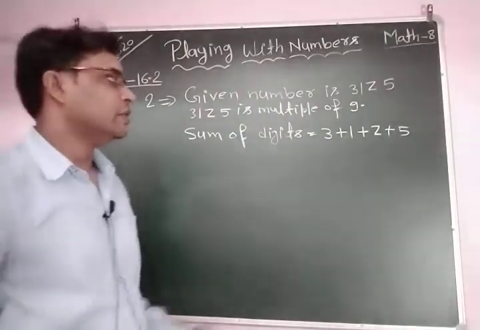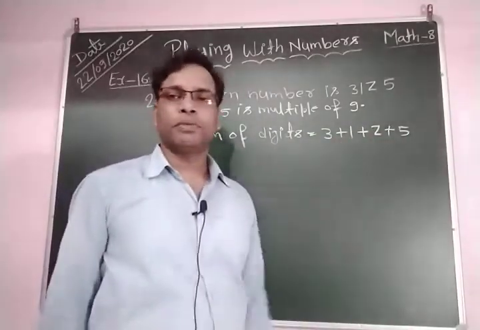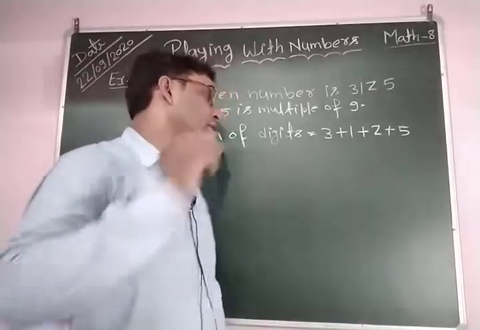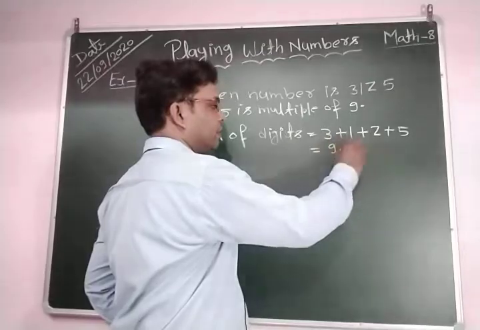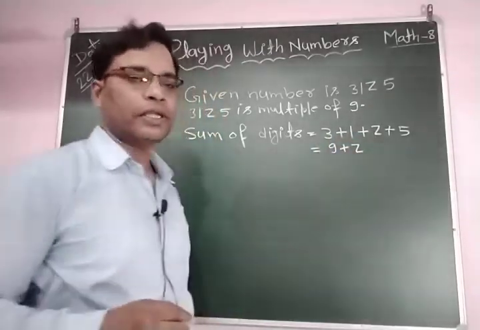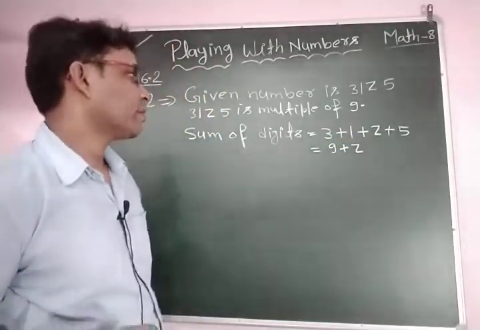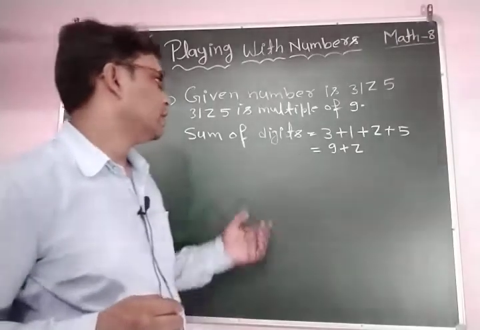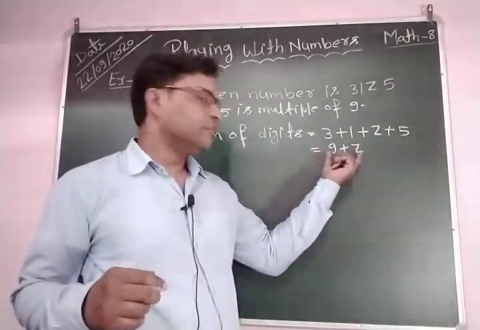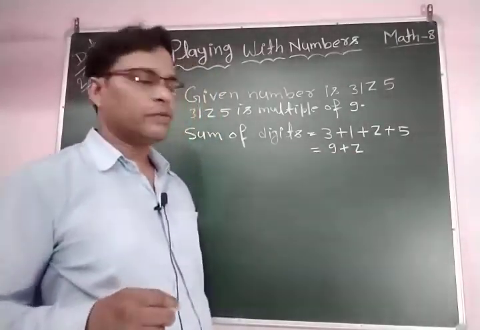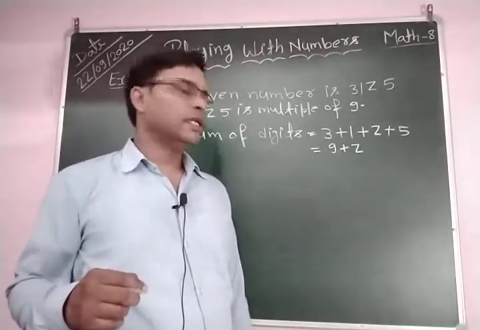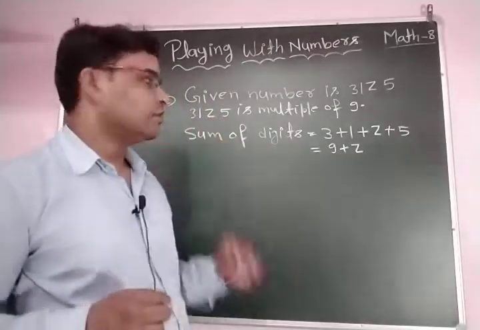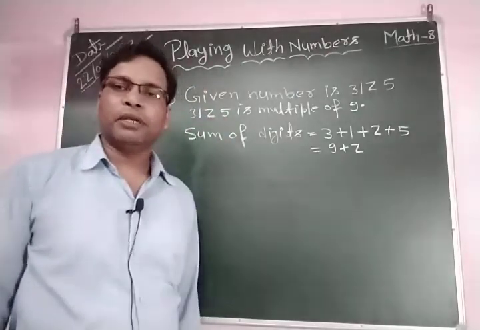Now we sum it. Add them: 3 plus 1 is 4, 4 plus 5 is 9, plus z. So 9 plus z is the sum of digits, and this sum is divisible by 9. So what is the value of z? This number is divisible by 9, or you can say it becomes a multiple of 9.